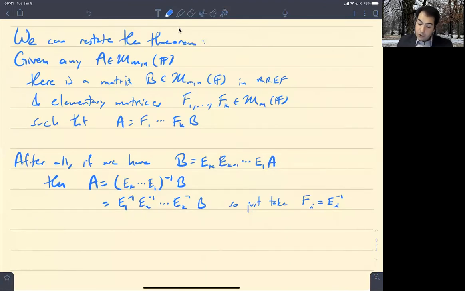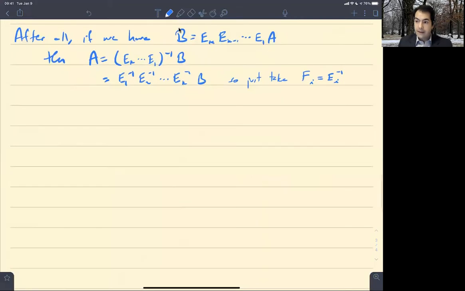Okay, so this is just an equivalent theorem. You can start with a matrix in reduced row echelon form and perform row operations on it and end up with whatever matrix you started with. Okay, great.